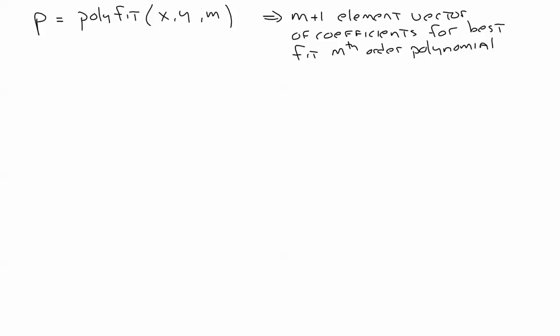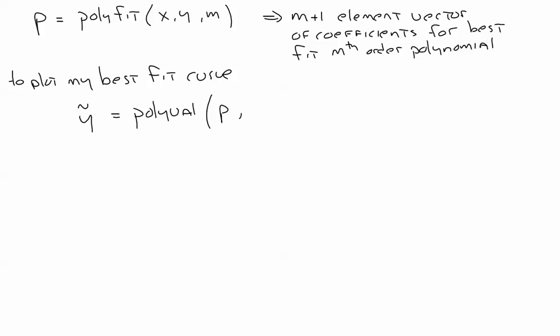Now, we can use the polyval function to plot, for example, my best fit curve. y tilde equals polyval(p, x tilde). Those tildes, I'm just trying to distinguish some x's and y's here.